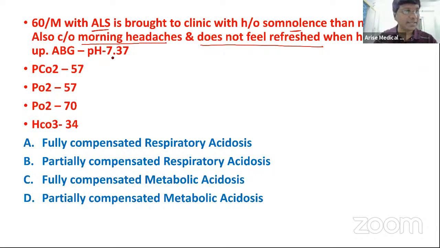The ABG: pH is 7.37, partial pressure of carbon dioxide is 57, PO2 is 57, and bicarbonate is 34. What is the diagnosis?